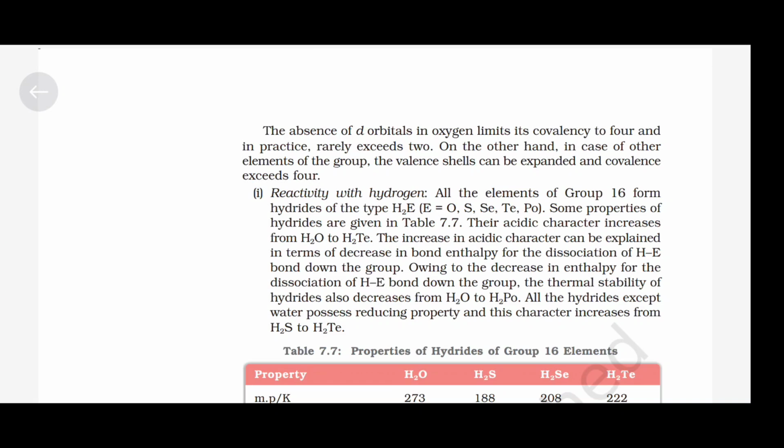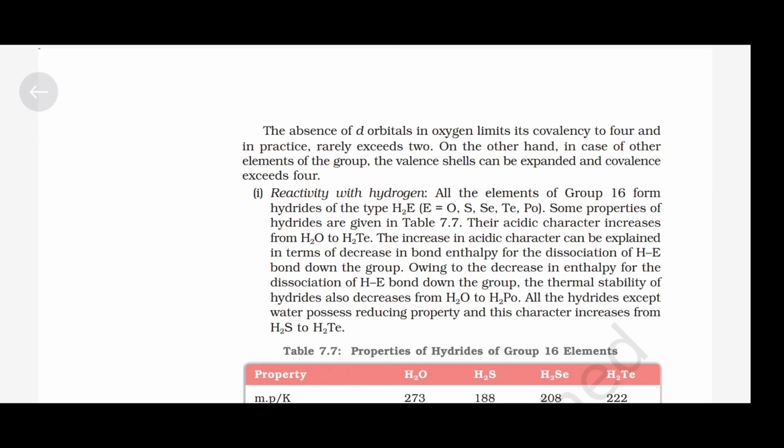Their acidic character increases from water to H2Te. The increase in acidic character can be explained in terms of decrease in bond enthalpy for the dissociation of hydrogen-E bond down the group. Owing to decrease in enthalpy for the dissociation of H-E bond down the group, the thermal stability of hydrides also decreases from H2O to H2Po.